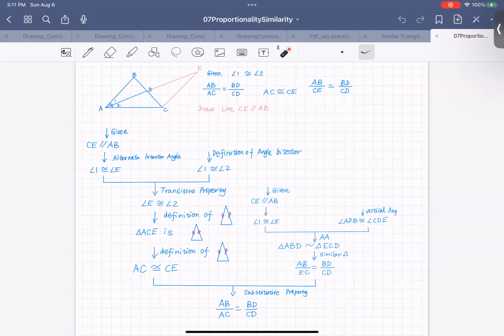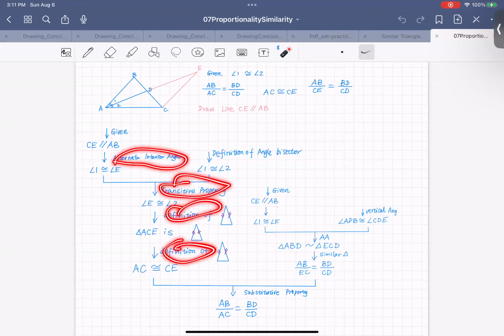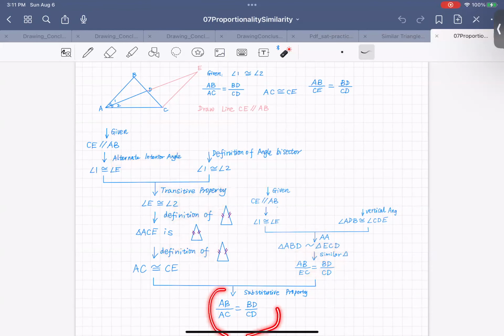This is for students who want to be higher than 100, say, I want to get a 105 for my geometry. Then you want to do this. But this shows how hard a proof question can be. So we need all those steps listed here to reach this final answer.